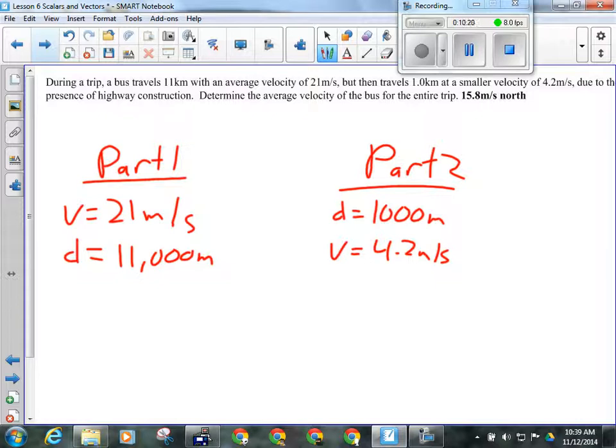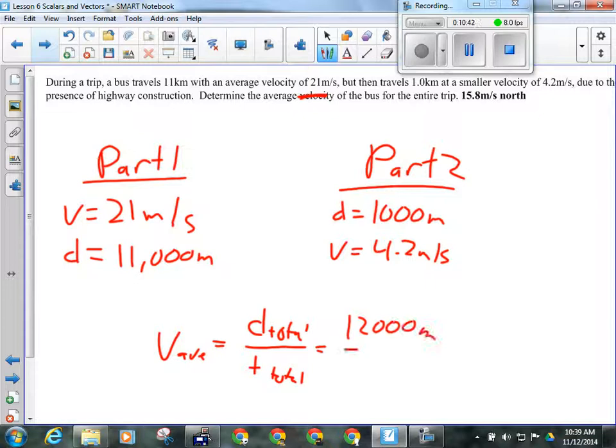We need to find the average velocity of the bus for the entire trip. Well, average velocity is total distance... sorry, it should say average speed there, not velocity. Total distance over total time. I can do the total distance right now because I had distance for both parts: 11,000 plus 1,000 is 12,000 meters. But I don't have the time for either one. Can I find it?